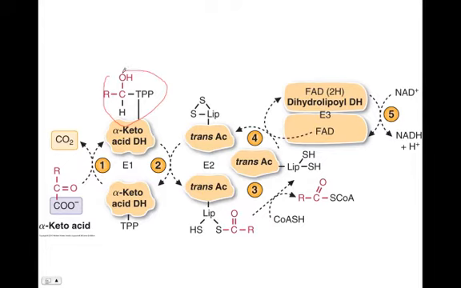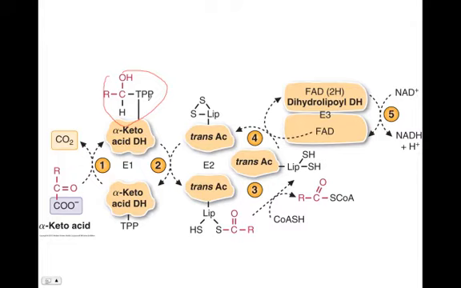This is done by the enzyme pyruvate dehydrogenase. If you remember from looking at thiamine as a cofactor in earlier modules, it's the thiazolium ring of this molecule that's critical for this reaction. The ring acts as an electron sink to stabilize the carbanion that forms as a result of proton loss at C2 in the molecule.